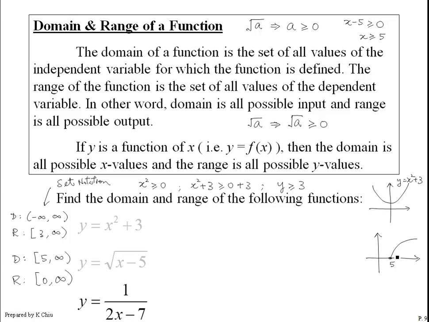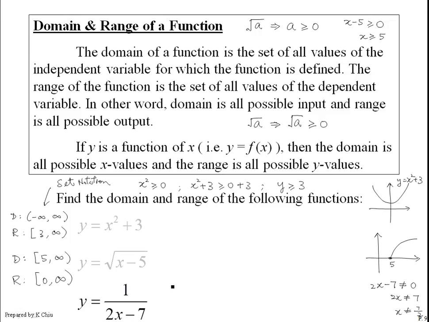So that probably would be the exception. The denominator cannot be 0. So let's see what that would be. I add 7 on both sides and divide both sides by 2. So I got x cannot be 7 over 2.